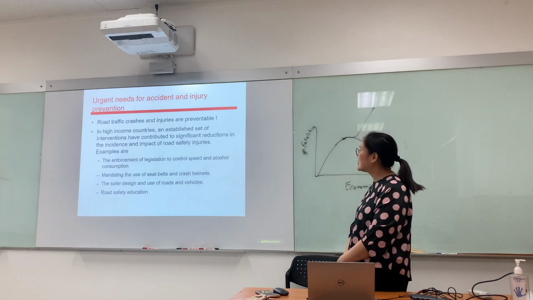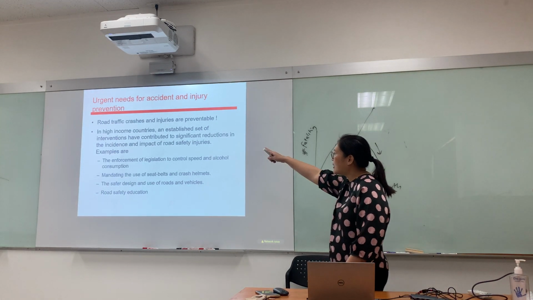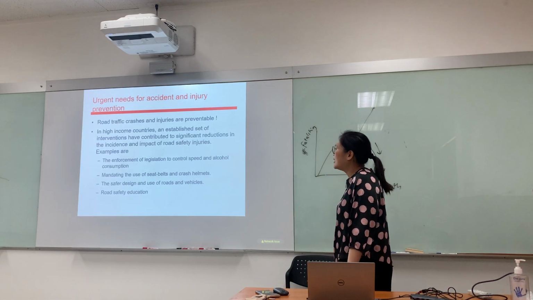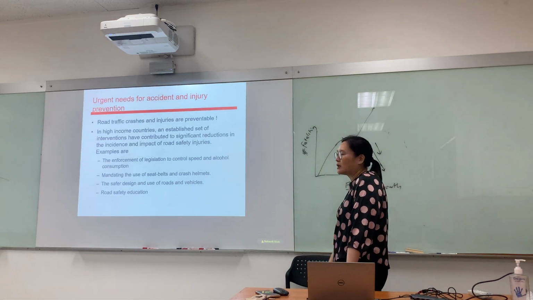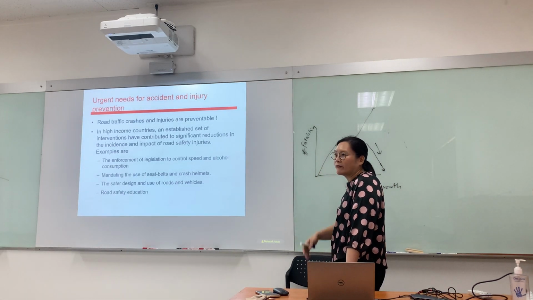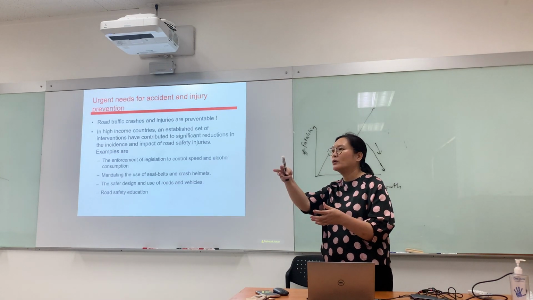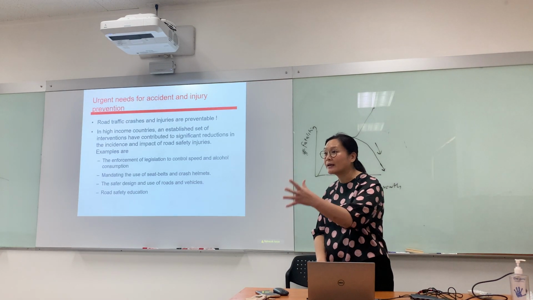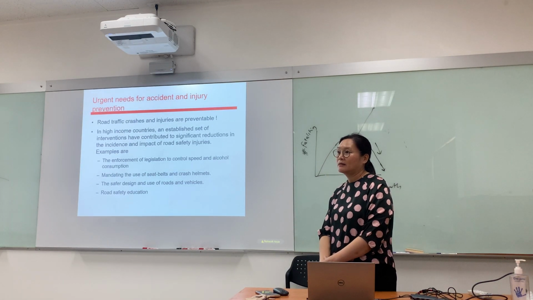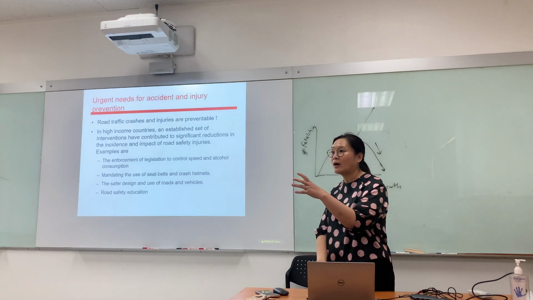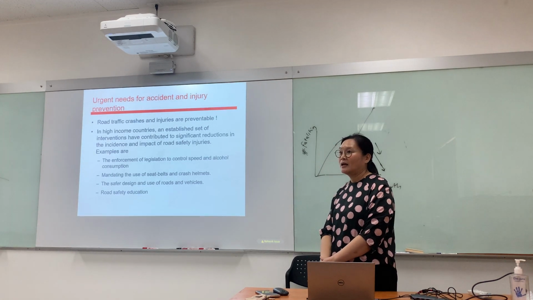They put in a lot of interventions so that they can reduce traffic deaths significantly. In Japan, what I heard, they have serious legal enforcement, especially for drunk driving, right? Drunk driving is very serious in Japan. What is the penalty?